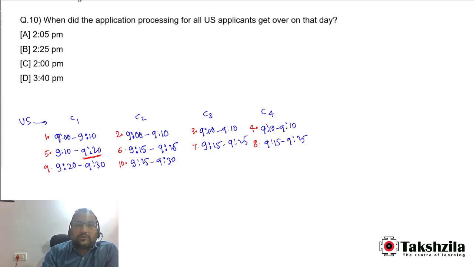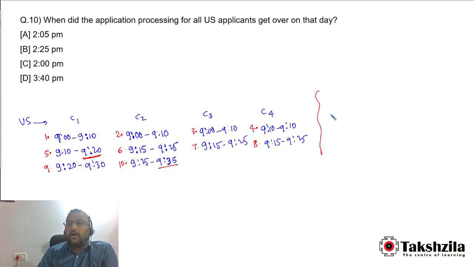Sorry, this is not 9:30, this is 9:35. My bad. The slot time is 10 minutes. So all the applications of the second slot will get over at 9:35. So over here there is one pattern.